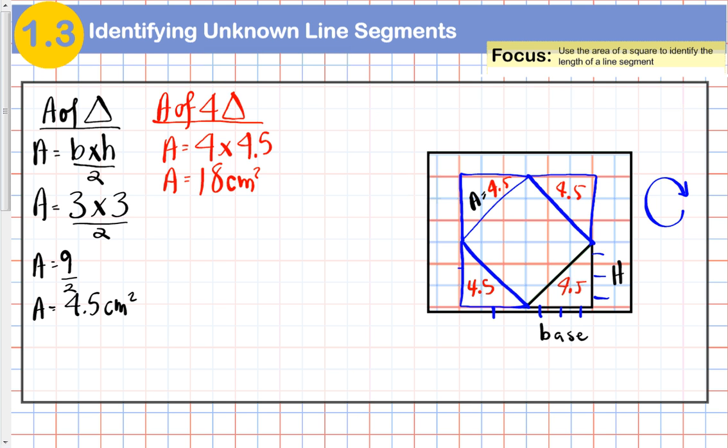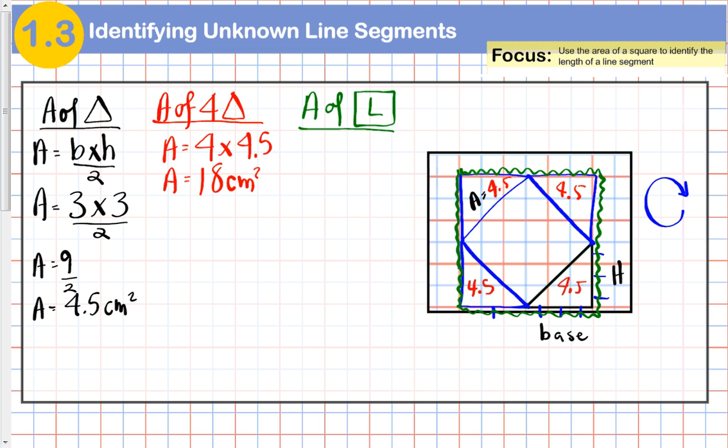The next thing that we are going to do is find the area of our large square. That's what I call it, a large square. Remembering that when we're talking about the large square, we're talking about this big square on the outside of everything that we've done, not the internal square.